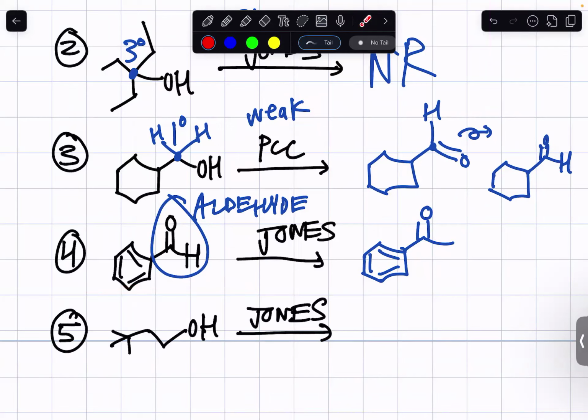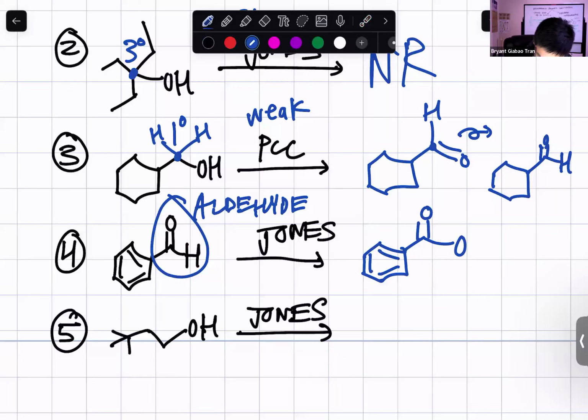I think it's oxygen. So if you're thinking in terms of oxygen, will it gain a bond to oxygen when we oxidize something, or will it lose a bond to oxygen? Gain. Yep, gain. So if we gain a bond to oxygen, we have to remove this hydrogen right here.